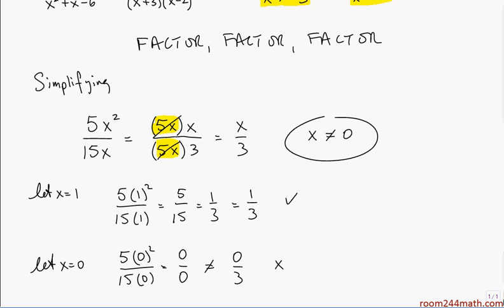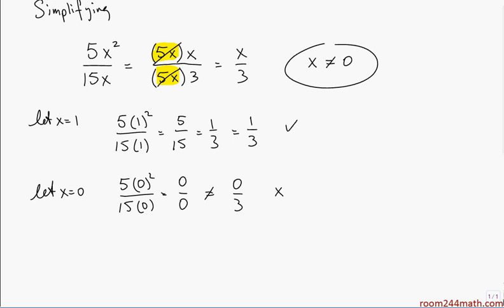Now, let's again start getting a little more complicated and look at a rational expression with some trinomials. What if we have x squared plus 5x plus 6 over x squared minus x minus 12? Again, factor, factor, factor.